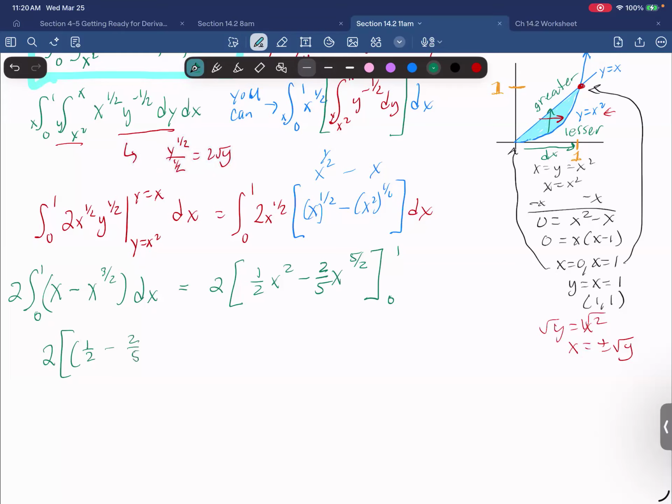Plugging in the 1 is nice, and plugging in 0 is nice. This gives us 2 times 1/2 minus 2/5. I actually think it's easier to distribute here and not find a common denominator. This becomes 1 minus 4/5, and that's easier to see. That goes to 1/5 right away.